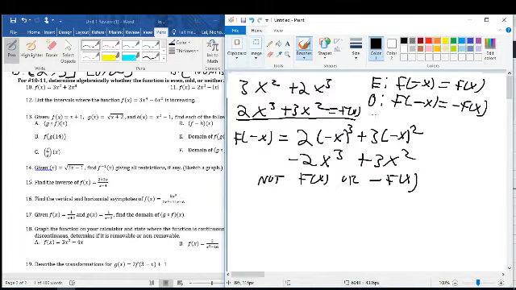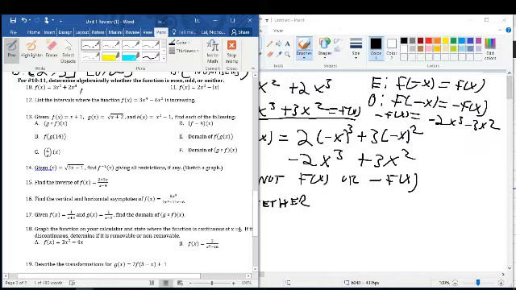And negative f of x is equal to just switching up the signs. So that means that's a neither. So neither here.